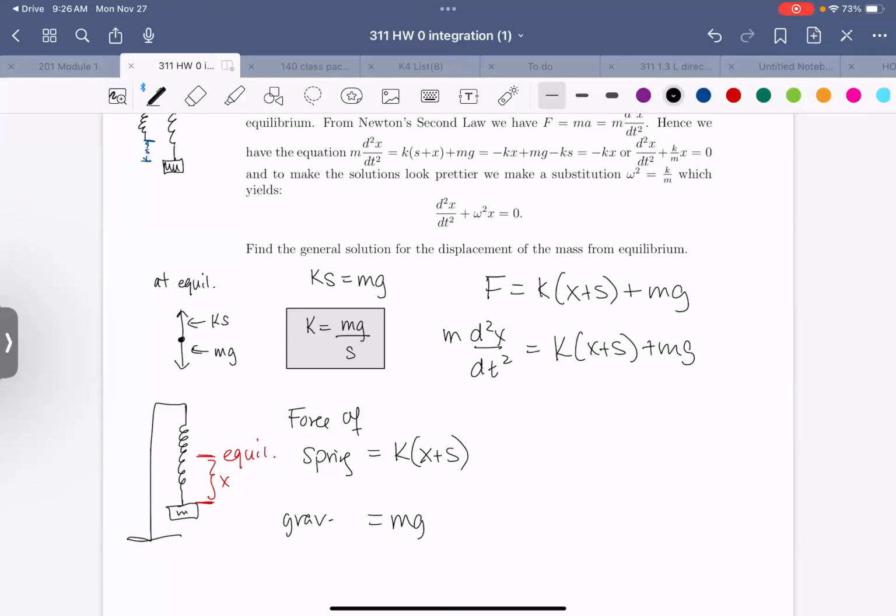Now, the difference here, if we're choosing down to be positive, is that the spring is always acting opposite the mg, right? So our K is actually going to be negative. So this is equal to m d squared x dt squared, or I'm going to write it as x double prime. So m x double prime is going to be equal to negative kx plus mg minus ks.